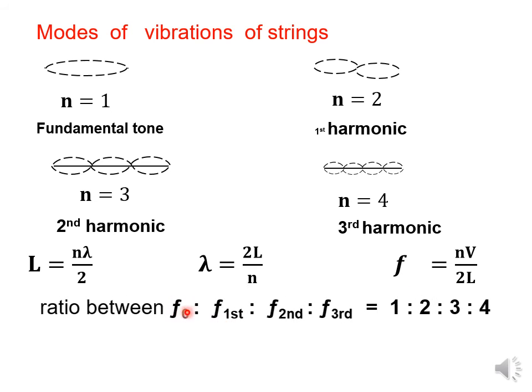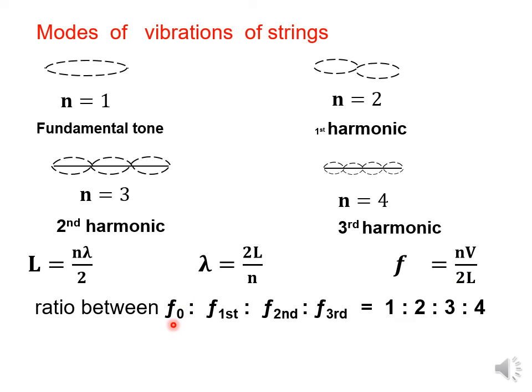The ratio between the frequencies of the fundamental, the first harmonic, the second harmonic, and the third harmonic is 1, 2, 3, 4.